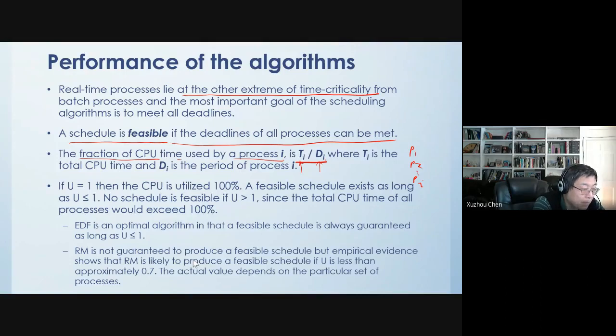Now, we can define U. I messed up the formula. Let me write the formula over here.